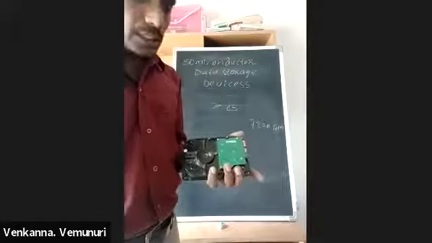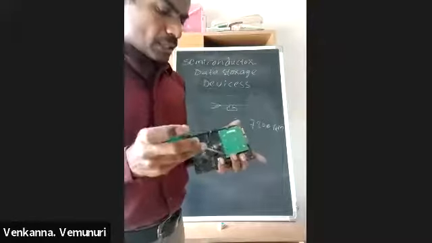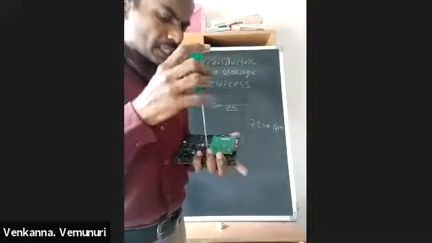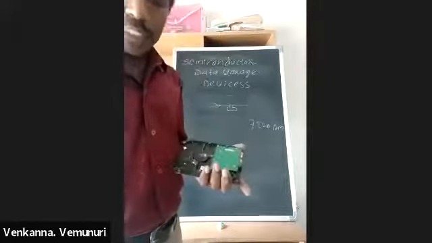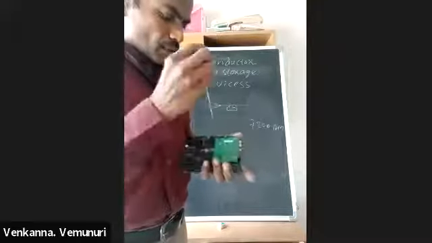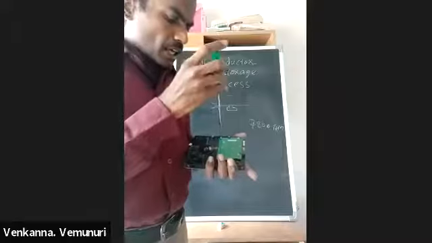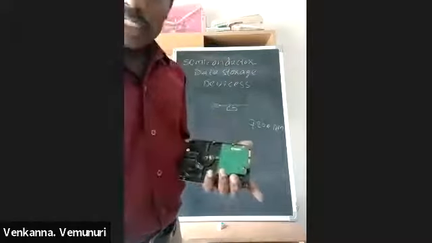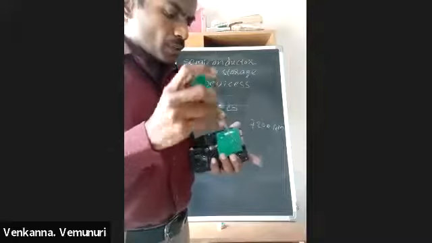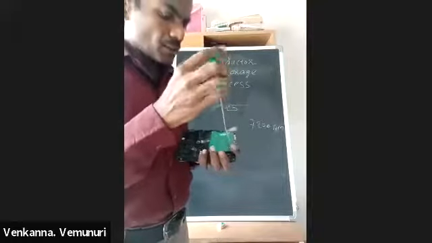Sometimes that media is not connecting to this motherboard. At that time the hard disk is detecting in your computer. If you check in your BIOS, it is detecting, but it is not showing in the computer, meaning it is not booting. At that time it says bootable device is not available.